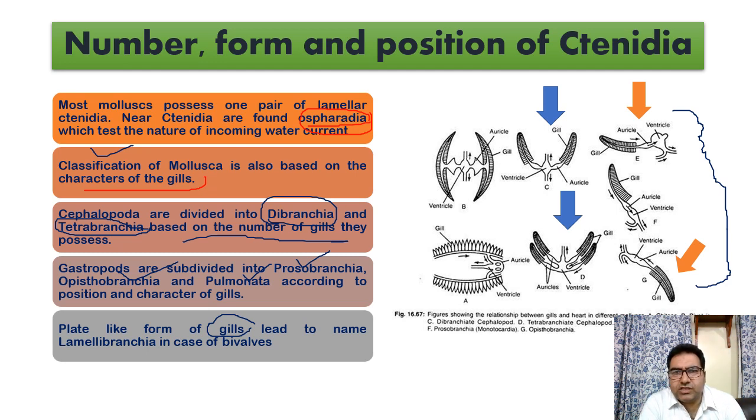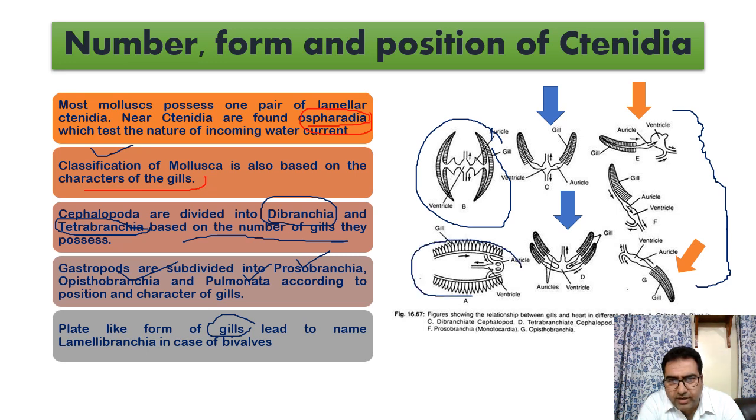In the case of bivalves, we do have a pair of plate-like gills. In the case of this very bivalvia, what you are seeing here, a pair of plate-like gills are present. In cephalopods, there are 4 gills in Nautilus and 2 in coleoids, that is Sepia, Loligo and Octopus.